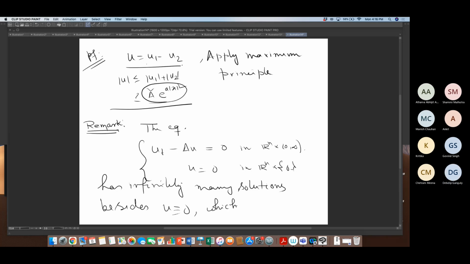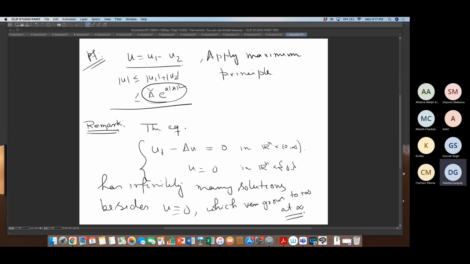These solutions grow very fast, with some exponential growth at infinity, because otherwise u equal to 0 would be the only solution.